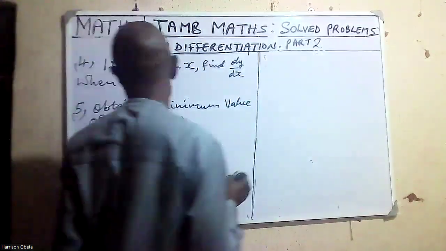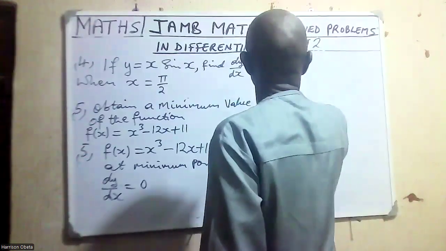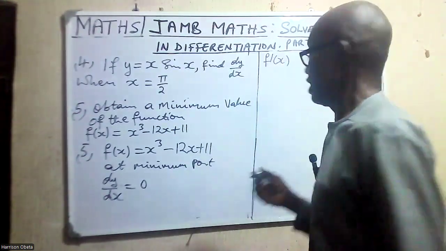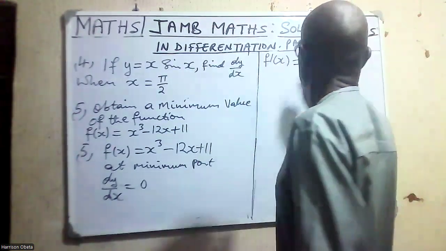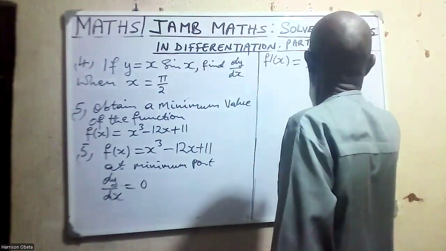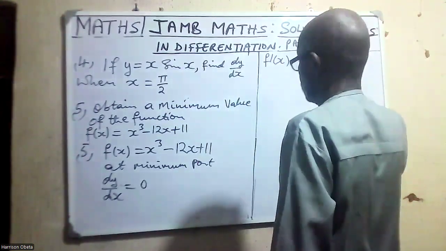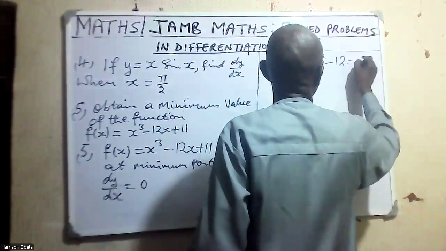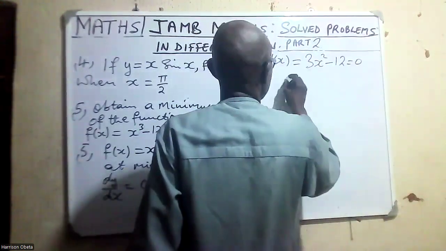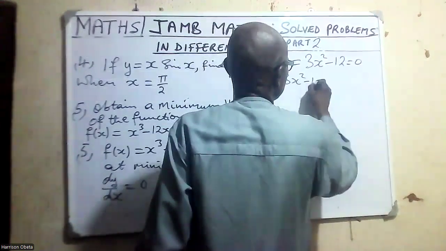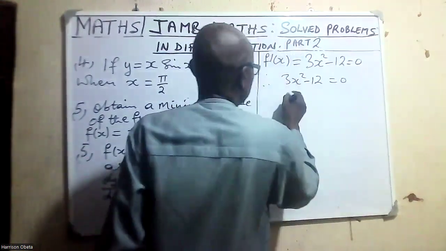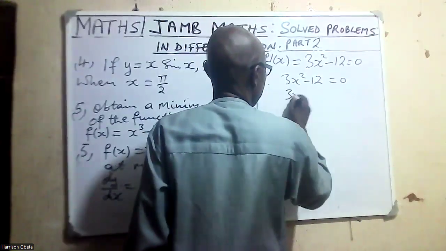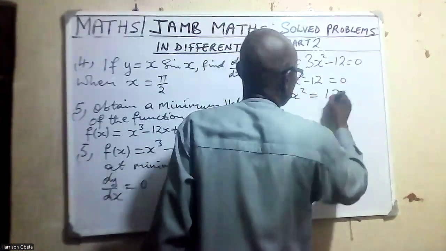That means that coming over here, f prime of x, which is the same thing as dy/dx, is equal to, you differentiate, 3x squared minus 12 equal to 0. So if 3x squared minus 12 equal to 0, it then means that 3x squared is equal to 12.